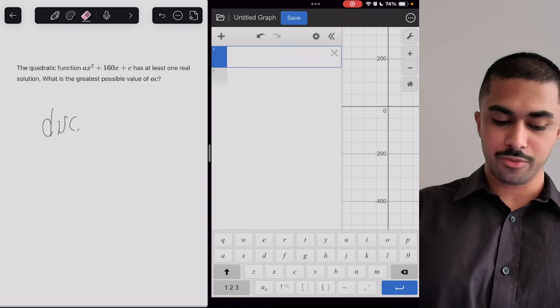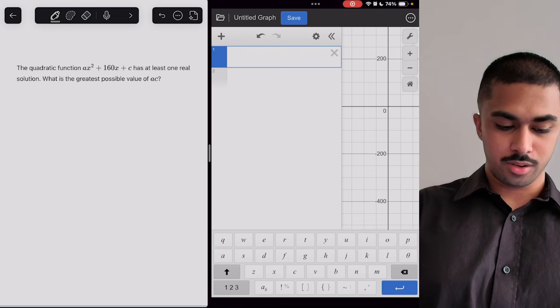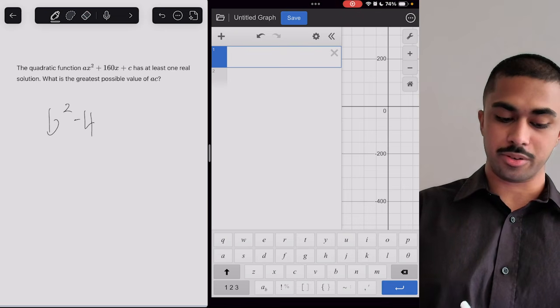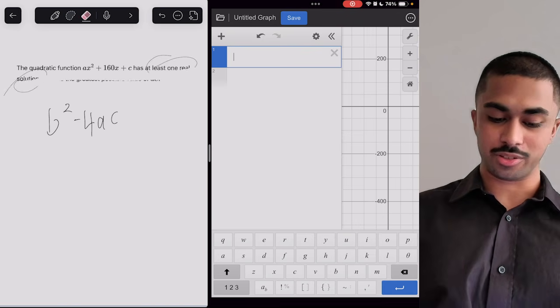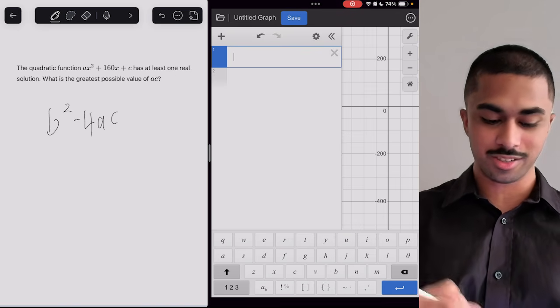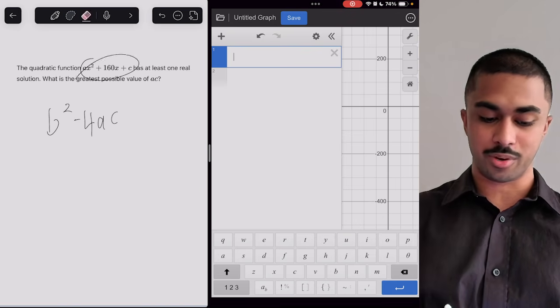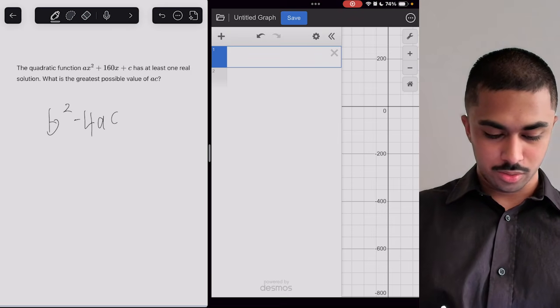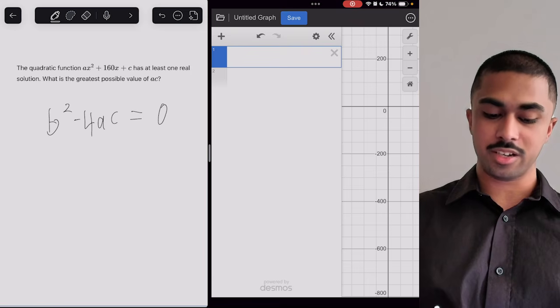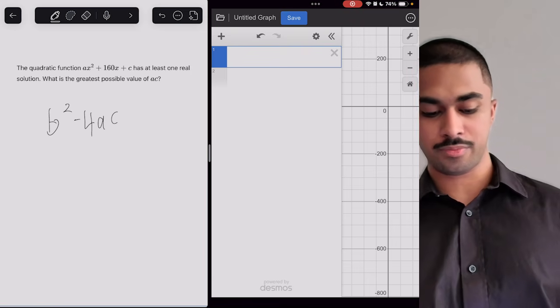We want to use discriminant for this question, so it's pretty simple. B squared minus 4AC. That's what the discriminant is. And since it says at least one real solution, remember number of solutions, we use discriminant if it's a parabola. All we want to do is we cannot set this equal to 0, and we cannot say it's greater than 0 either.